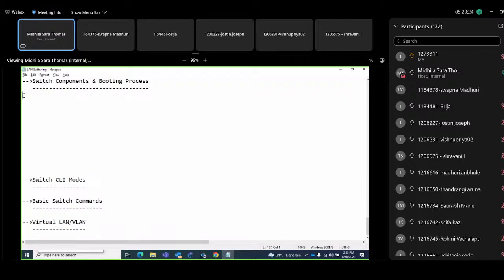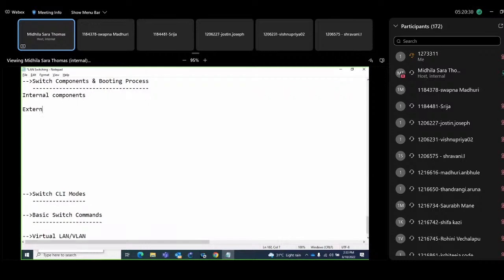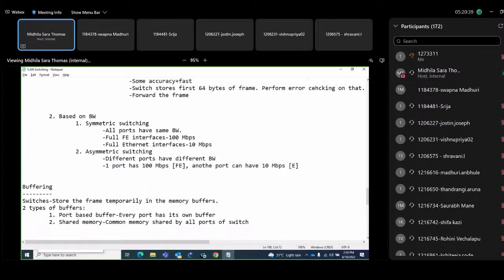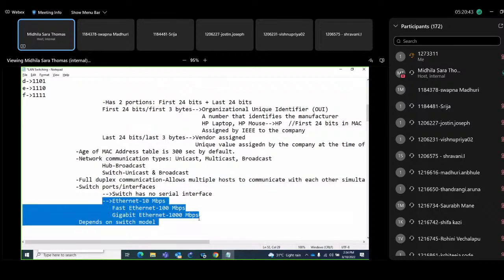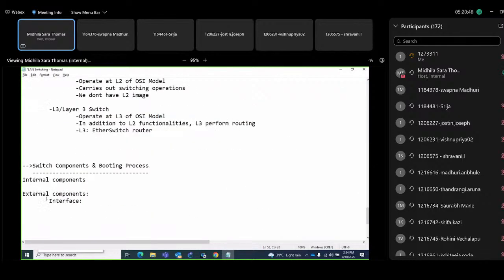Okay, switch components. So there are internal components as well as external components. You know the external component, which is the interface, and you learned about the three types of interface.